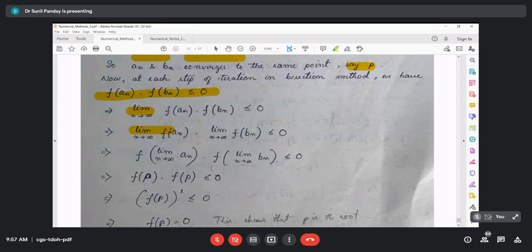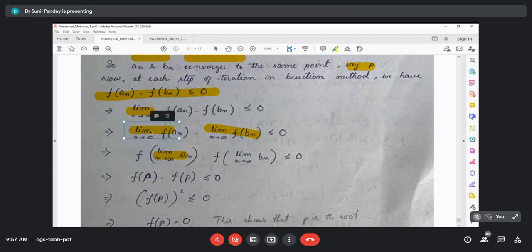So first we split this limit into these two parts, and since f is continuous, the outside limit goes to the argument. This can be done only if f is continuous. If f is not continuous, then this limit will not go to the argument.